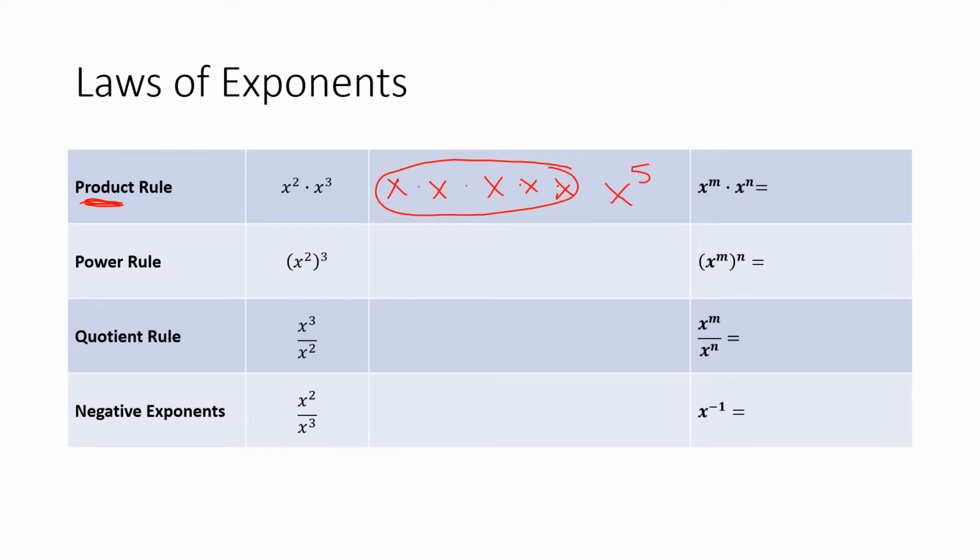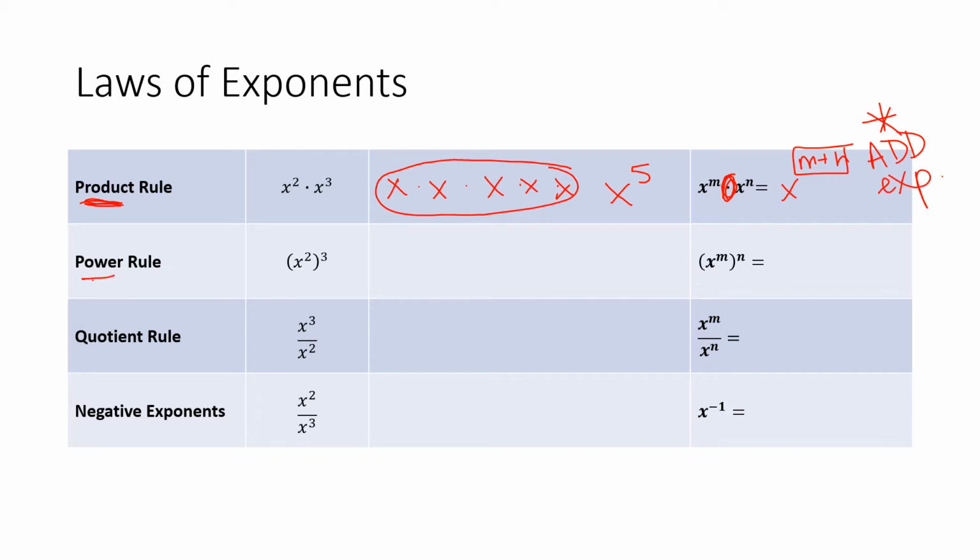So the rule that we say here, if you notice the exponents, x squared times x cubed is x to the fifth. All you have to do is add those exponents together. So if you have any type of multiplication problem, all you're going to do is add those exponents together. So I'm going to make a note here, add the exponents.